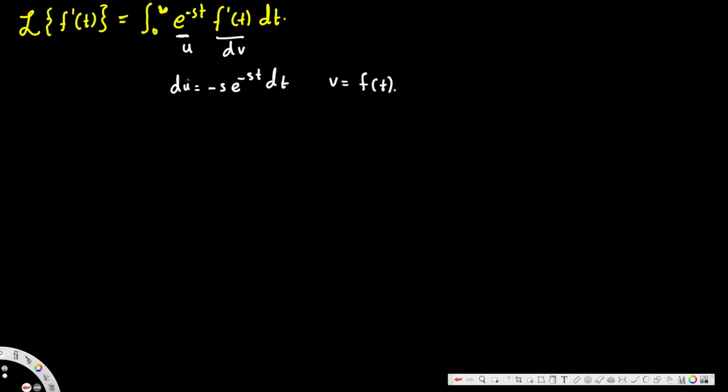Okay, now we have this one, and you know that when we have the integration of u dv, the integration will be uv minus the integration of v du. We have u, du, dv, v, so we can arrange this in this pattern.